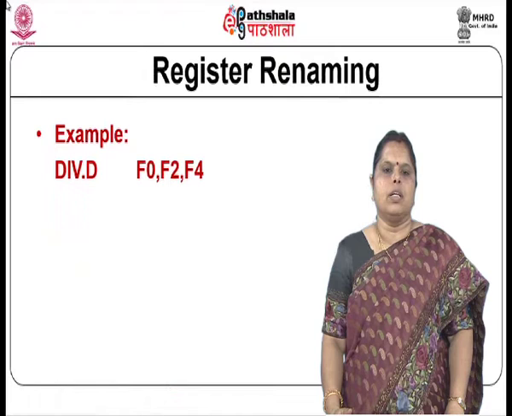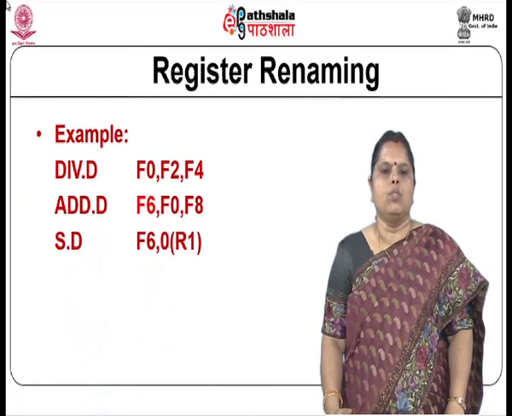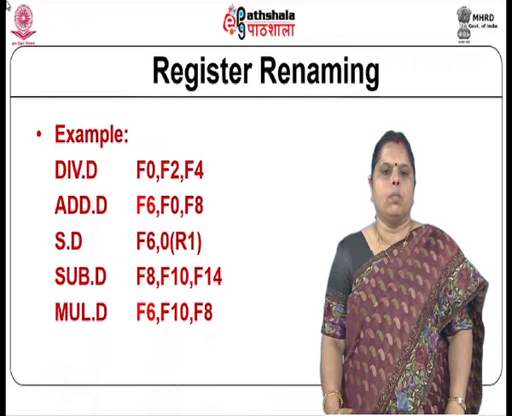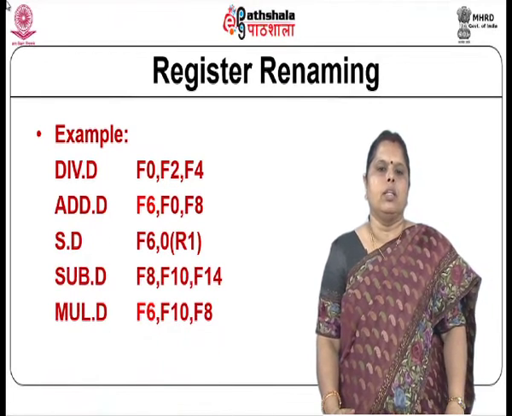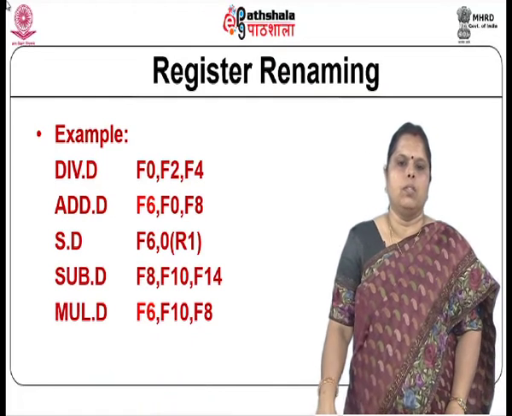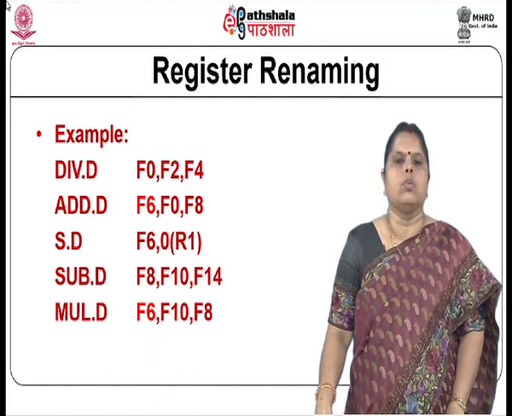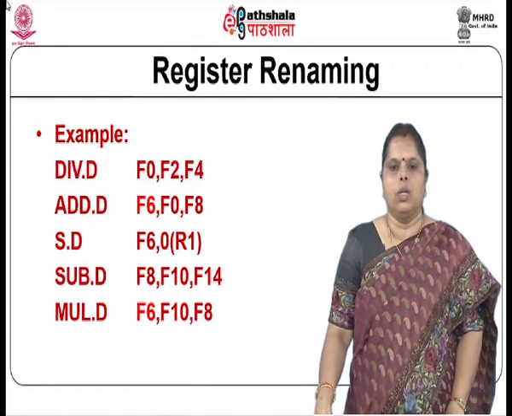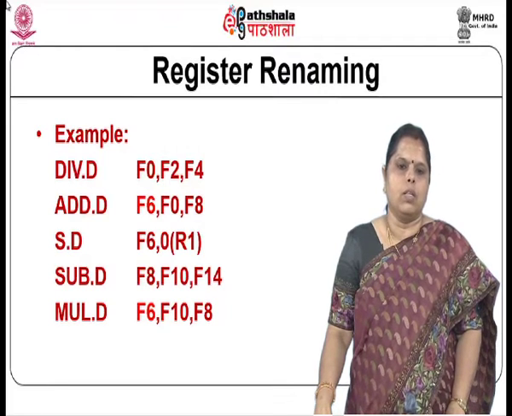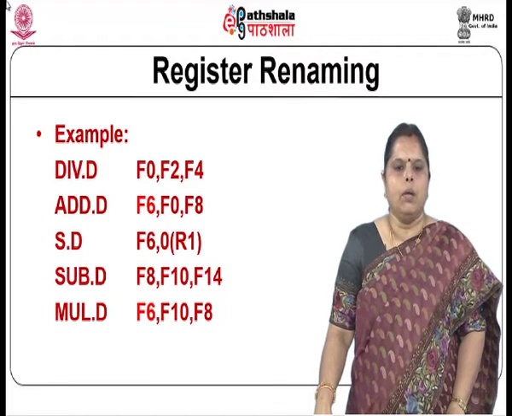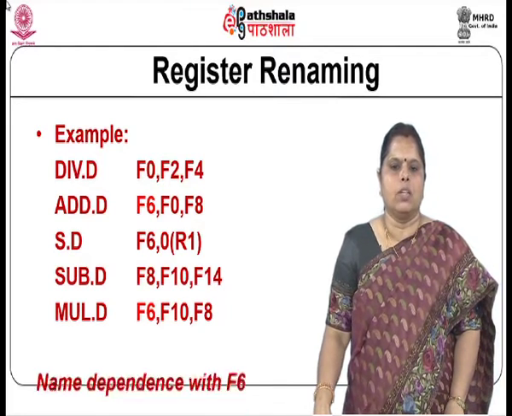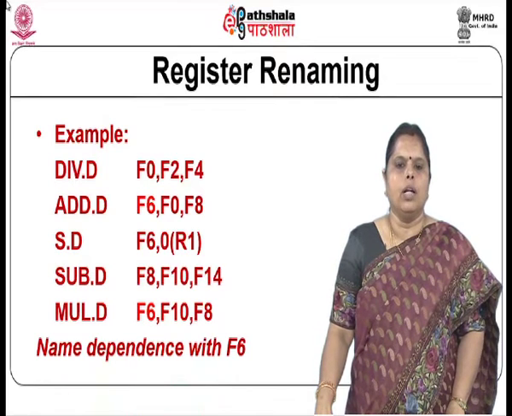Now how is register renaming done? This just gives you an example of the register renaming process. Here you find that there is a name dependency with the F6 register because it's the same register that is being used. There are of course data dependencies also, but the name dependence is only with respect to the F6 register. So how do you handle this name dependence?